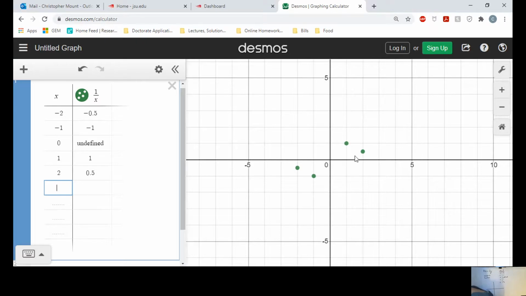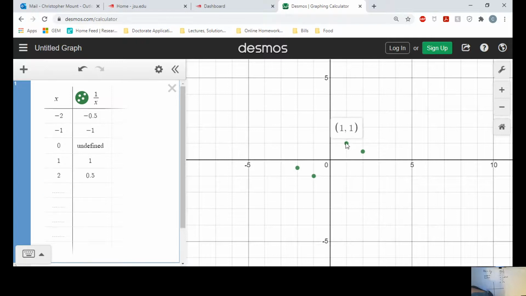So if I get close to 0 from this side, this is x equals 1, the point 1 comma 1. I want to go further left here without crossing 0. What's a good number to pick between 0 and 1? Well, how about x is 1/2? So this time I'm going to plug in 1/2 as an input, and there's that new point right there.